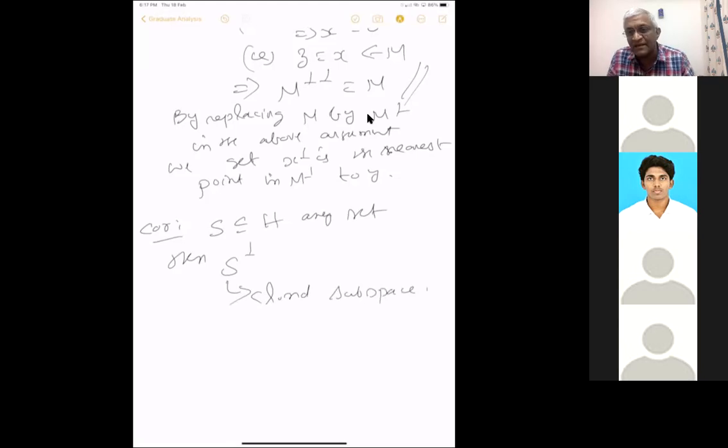It is a subspace because the inner product is linear. If x is orthogonal, then alpha times x is also orthogonal. If x and y are orthogonal, x plus y is orthogonal, because the inner product is linear. Closedness follows because the inner product is continuous. So this is an exercise.